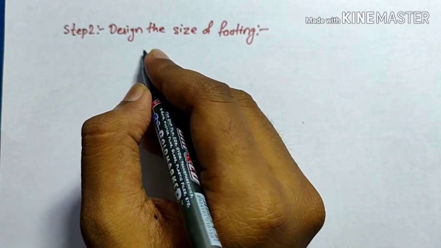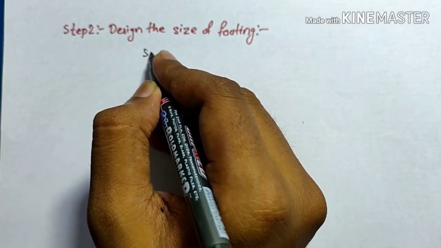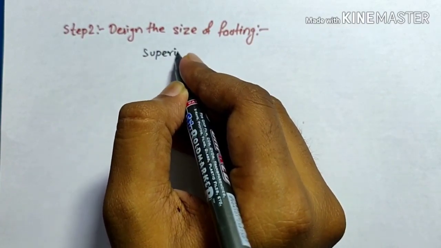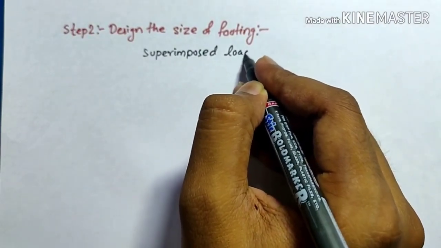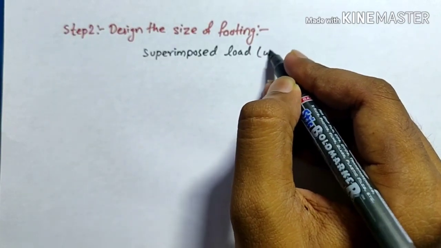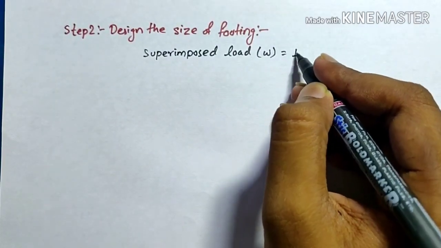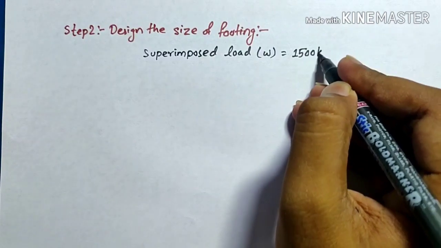So let's write it down. Superimposed load, let's denote it by W equals to 1500 kilonewton.